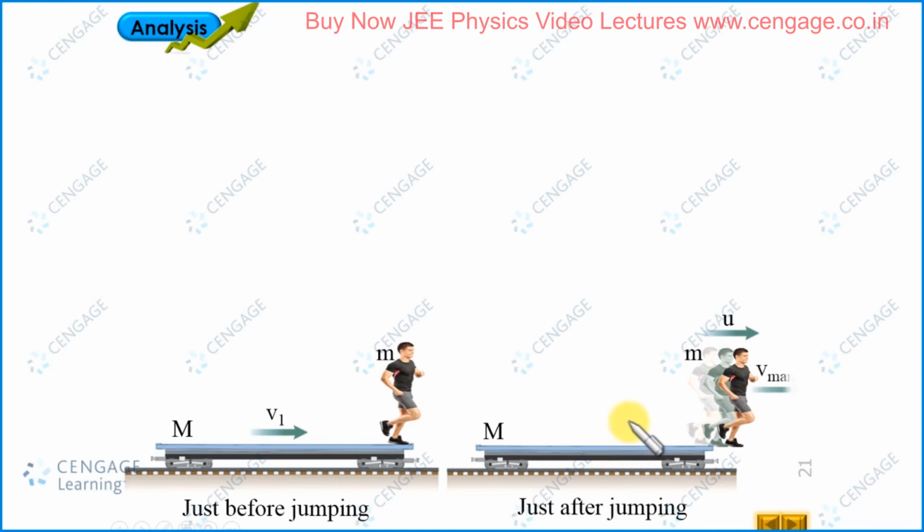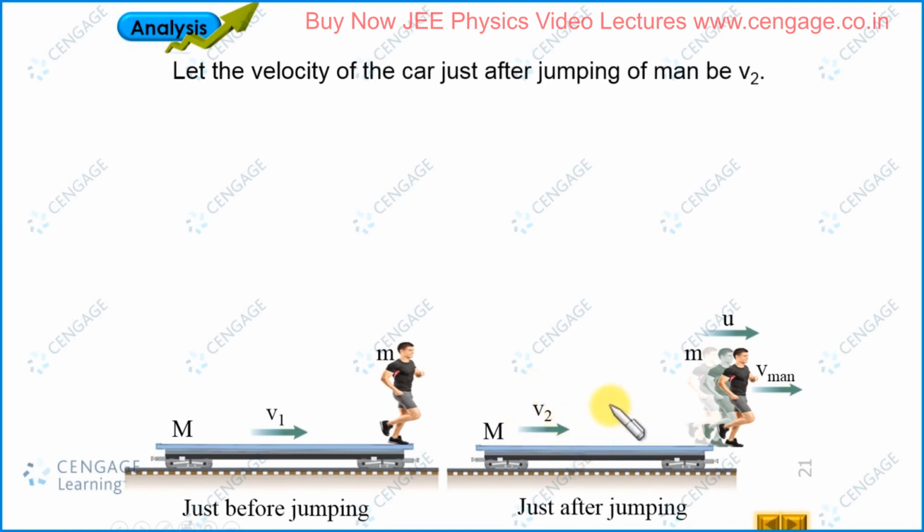Let us consider the velocity of the man with respect to ground is v-man, and the velocity of the railroad car will change from v1 to v2. Let us assume the direction remains the same, rightward. So here we assume the velocity of the car just after the jumping of the man is v2.